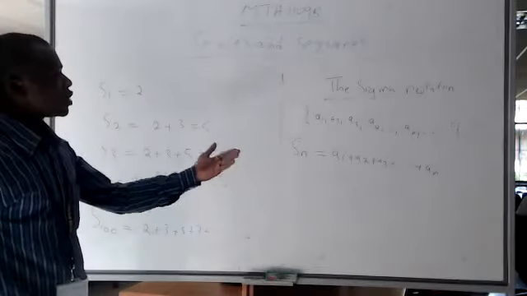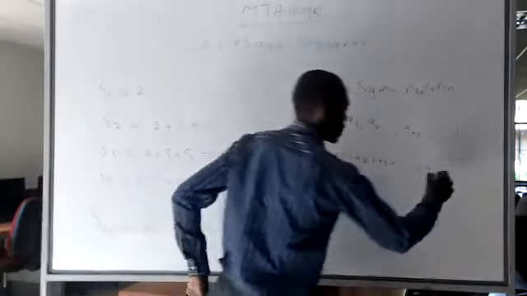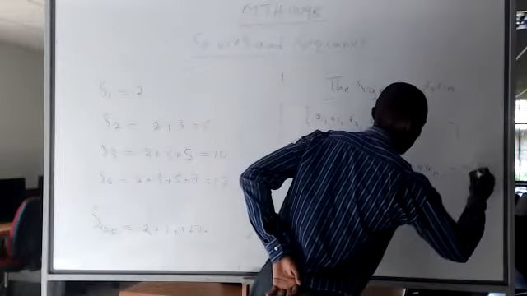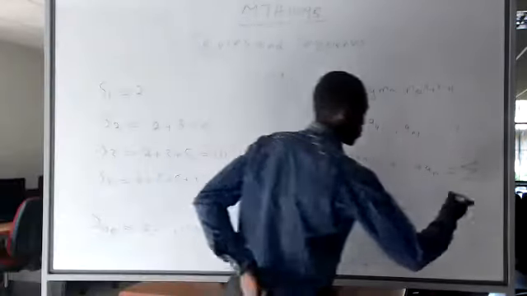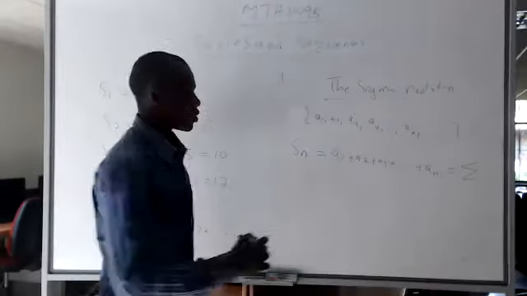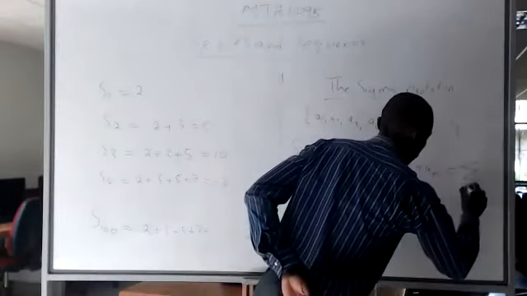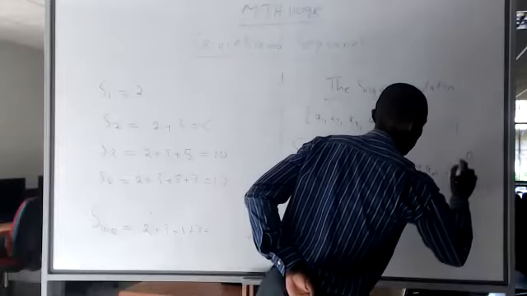We can write this using the sigma notation as the Greek symbol sigma, which is just capital S in the Greek alphabet. Then we introduce a summation index. So we are summing from k is equal to 1 to n.